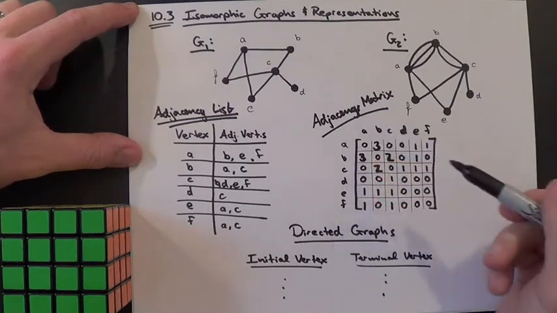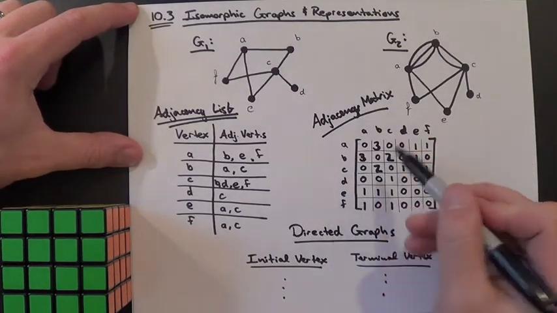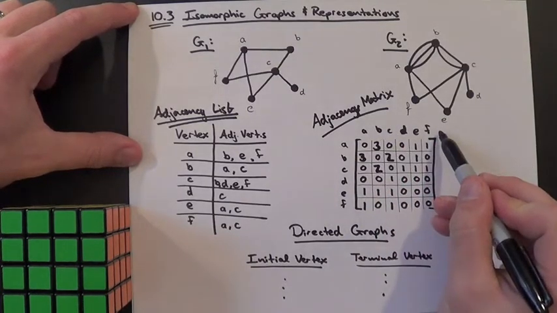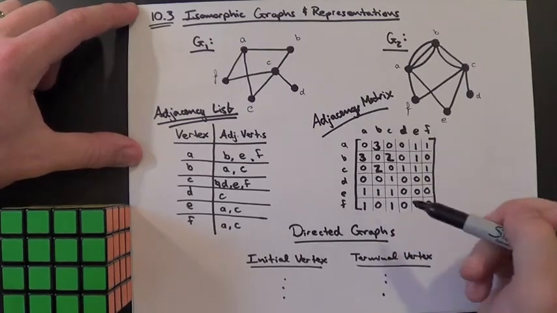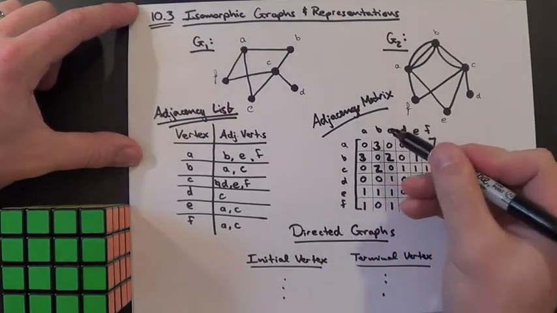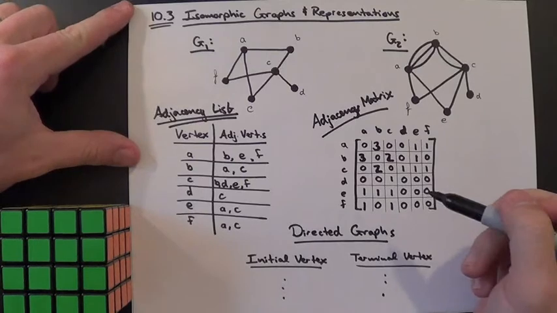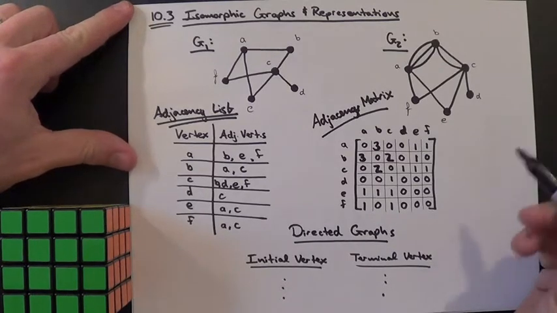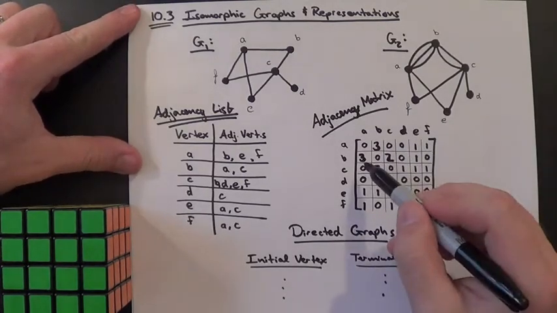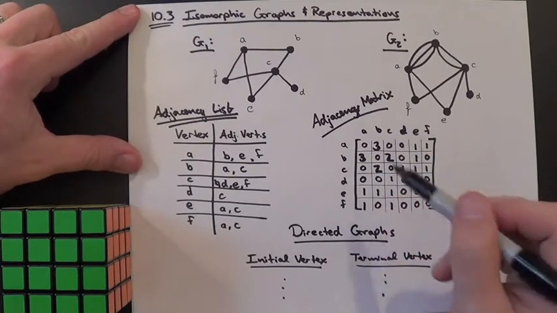And with the adjacency matrix, then we have initial vertices, terminal vertices. And you put a 1 in that entry if there is an edge from an initial vertex to a terminal vertex for those two particular vertices.